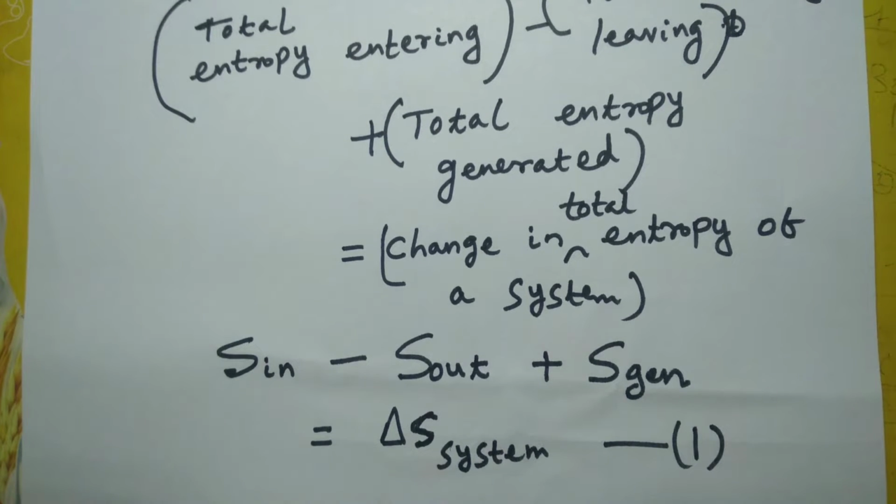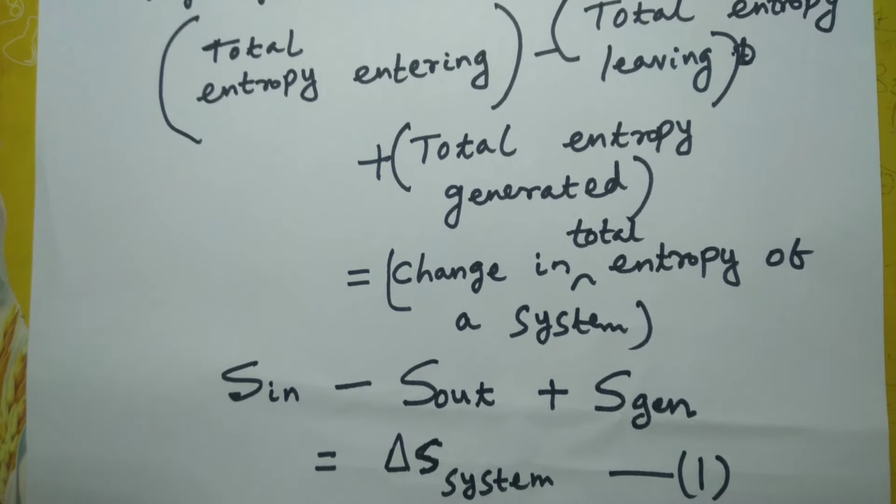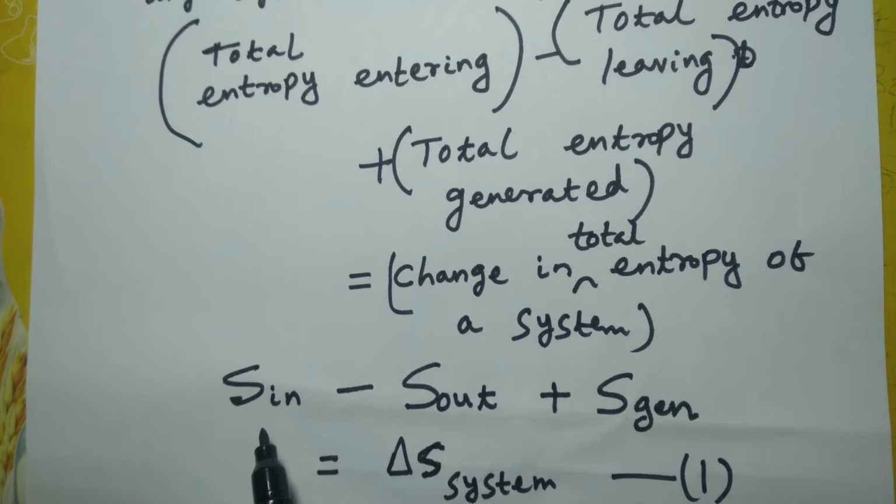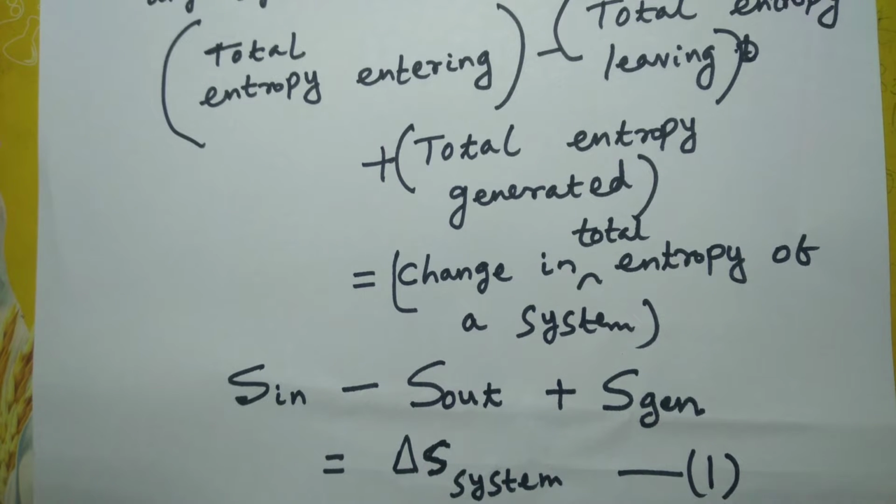This may be considered as equation number 1. This is the total entropy that is entering into a system or control volume. This is the most generalized equation of entropy balance, which can be used for any kind of system undergoing any process, and this is very helpful for calculation of entropy change and entropy generation.